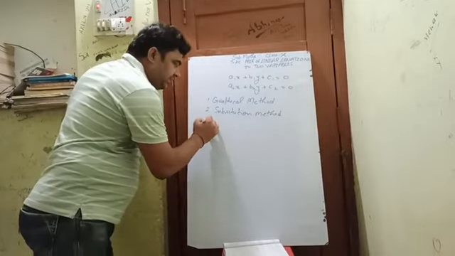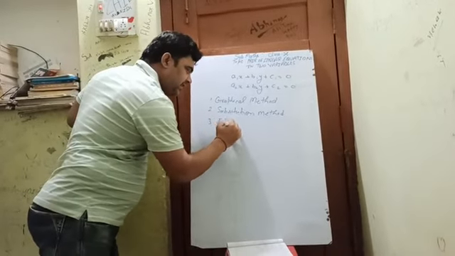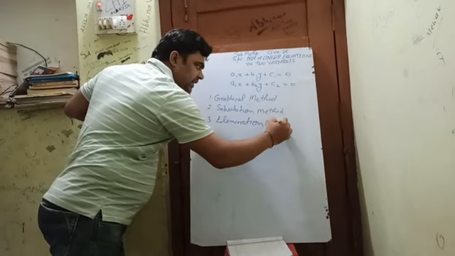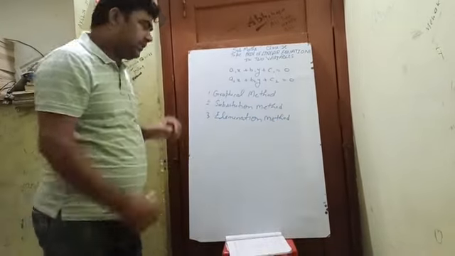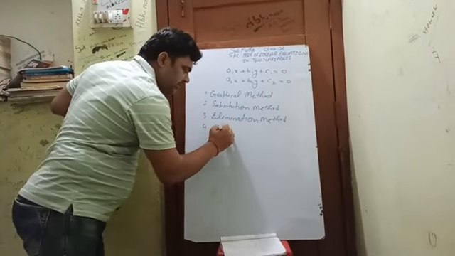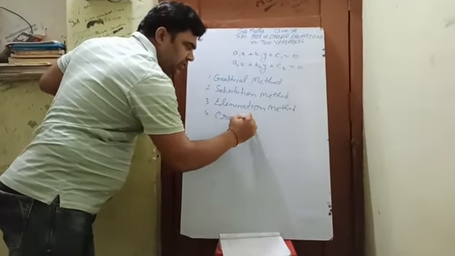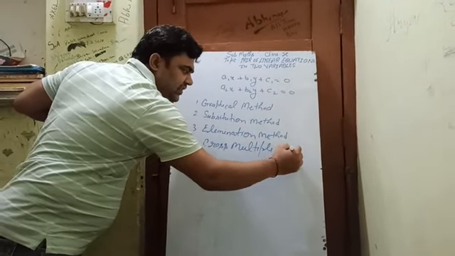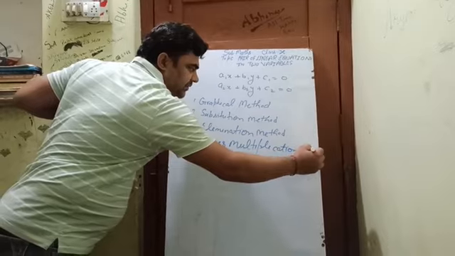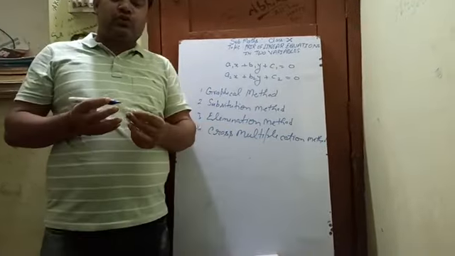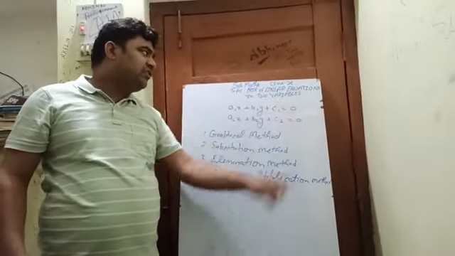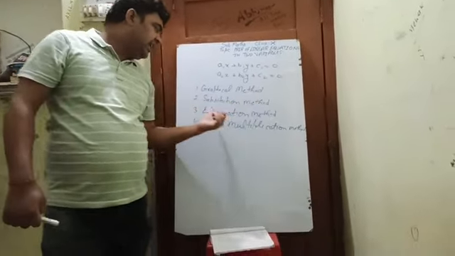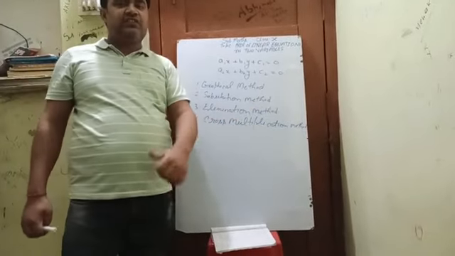Third, elimination method. And fourth, cross multiplication method. So to get the solution of a pair of linear equations in two variables, we have the graphical method, substitution method, elimination method and cross multiplication method.